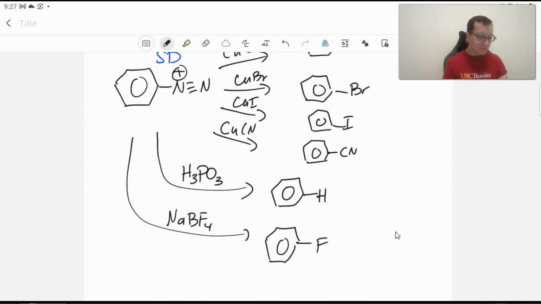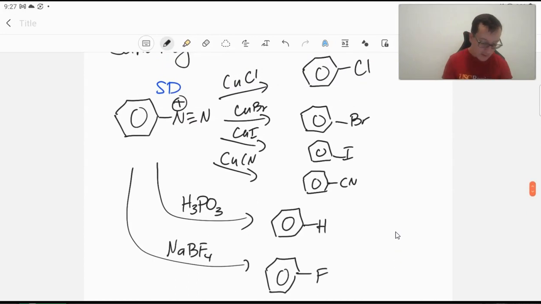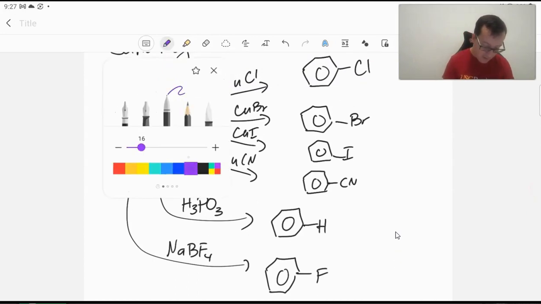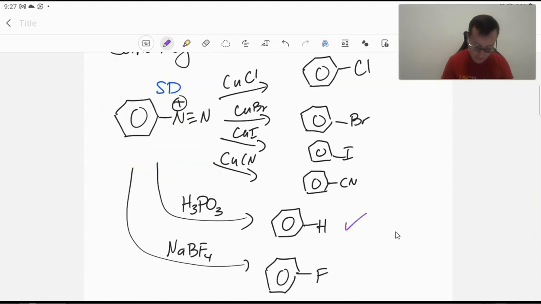Let's see, what else can we do with this? Those are kind of the main ones. So, biggest one probably this guy, most useful to remove it, honestly. But we can do all sorts of fun things with these Sandmeyer reagents.